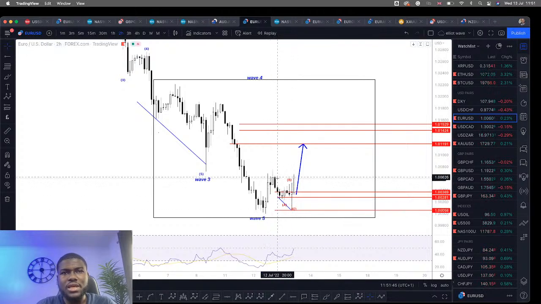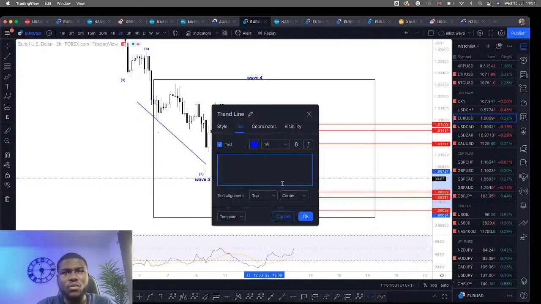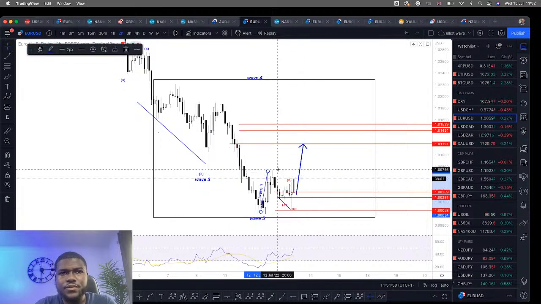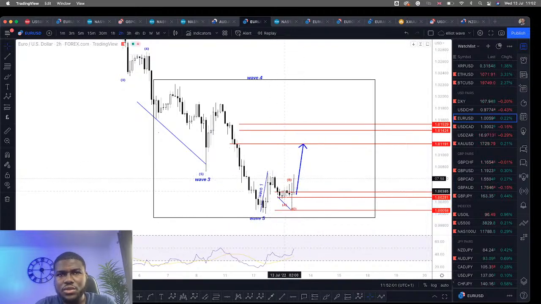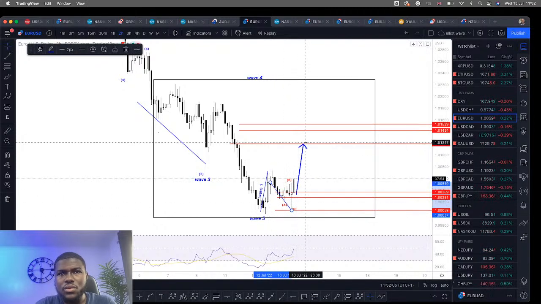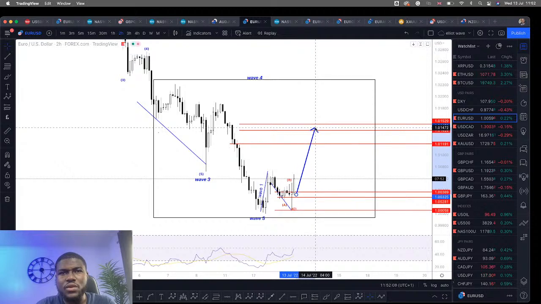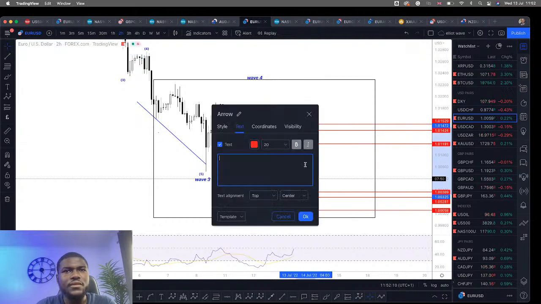In case those that are not here before, what we analyzed here is that the whole of this first leg will be our wave 1, and this correction to the downside is our wave 2, and what we are expecting here is wave 3 to the upside.